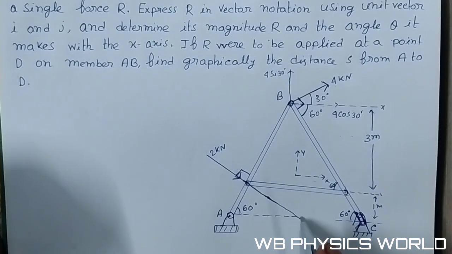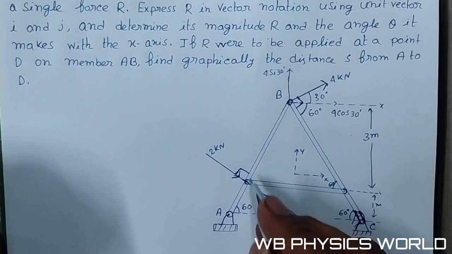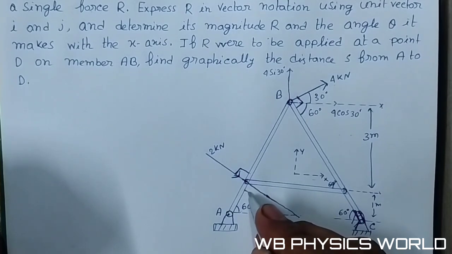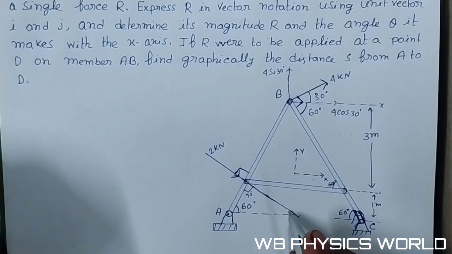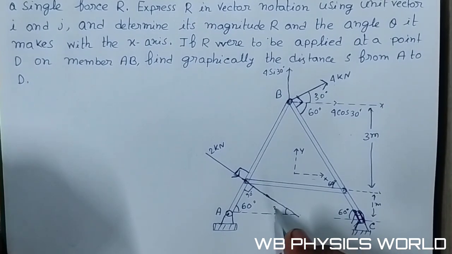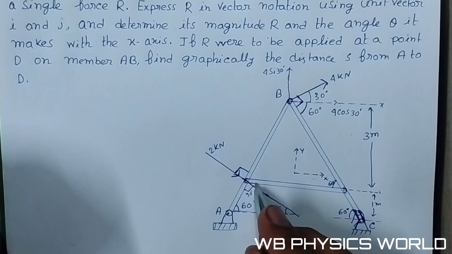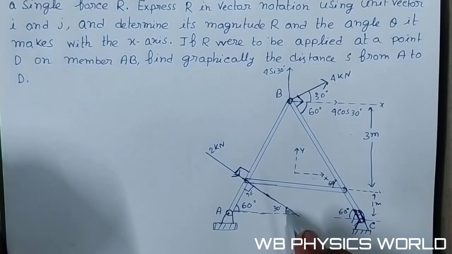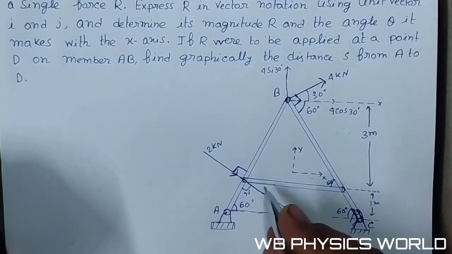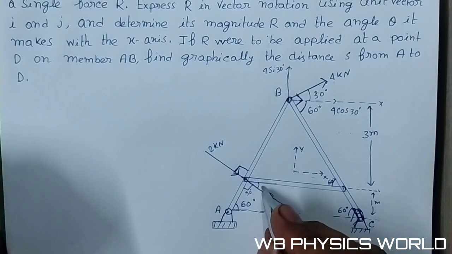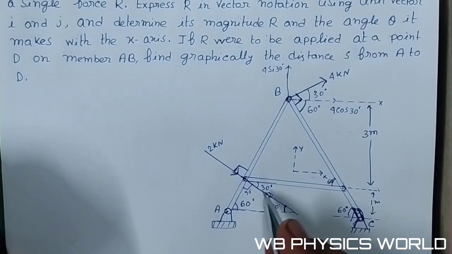if we complete this line, this angle is 90 degrees, so this is also 90 degrees, so this angle is 30 degrees, and this line and this line are parallel to each other. So if this angle is 30 degrees, the 2 kilonewton force makes an angle of 30 degrees with the x-axis.